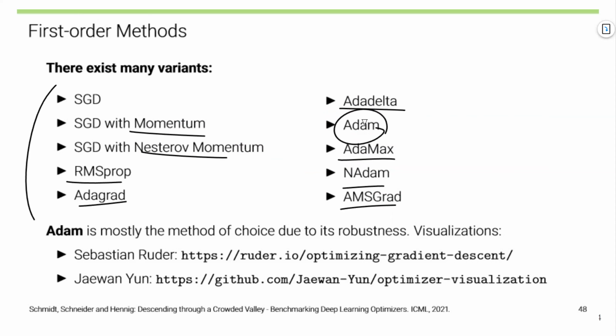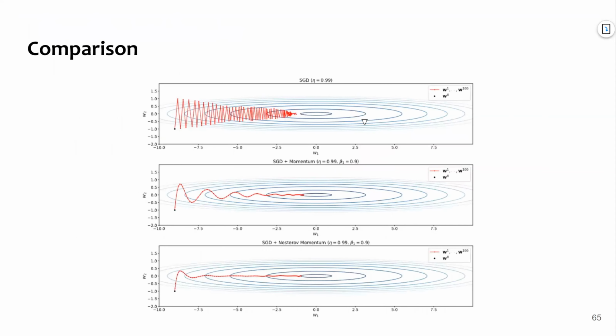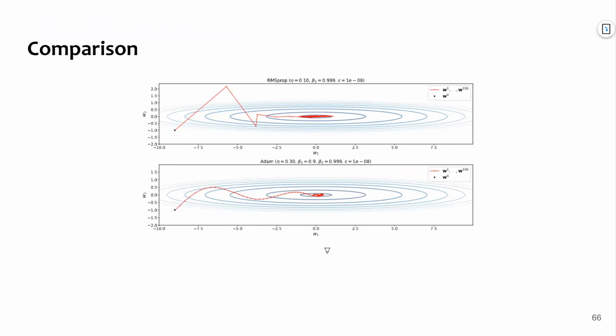And Adam is most commonly used nowadays. And you can compare each optimization. Momentum reduces the damping. However, Nesterov momentum is much more effective than basic momentum. And you can also use RMSprop, but if you combine RMSprop and momentum, it becomes much smoother.